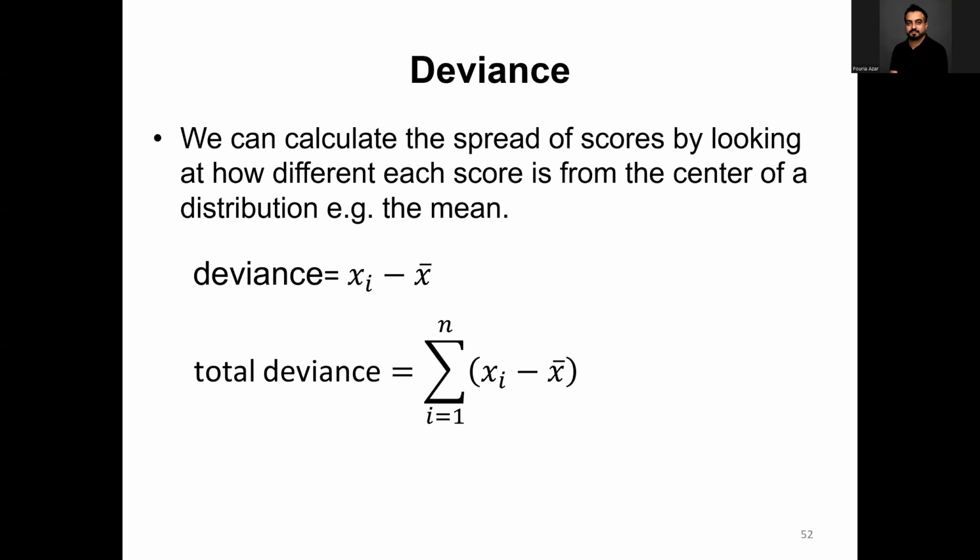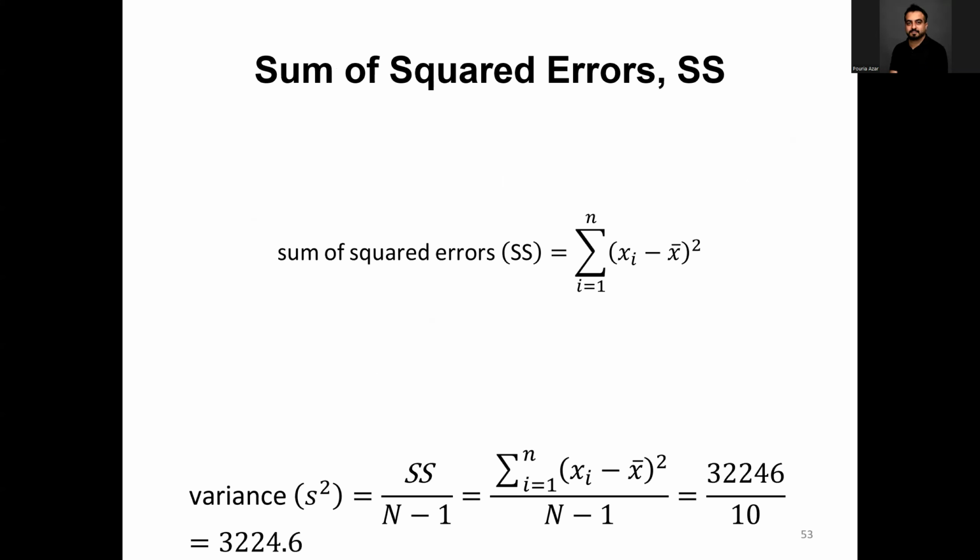We can also add up all those deviances and get total deviance. For the sum of squared errors, or SS, we square each of those deviances and then add them up. That's the sum of squared errors.